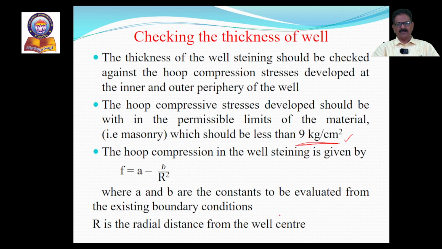R is the radial distance from the center of the well, measured radially with respect to the center. So the hoop compression is inversely related to the radial distance squared. A and B are arbitrary constants.